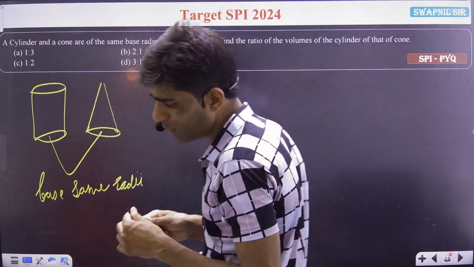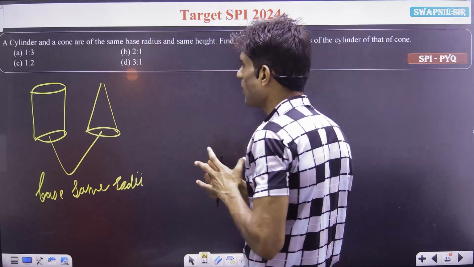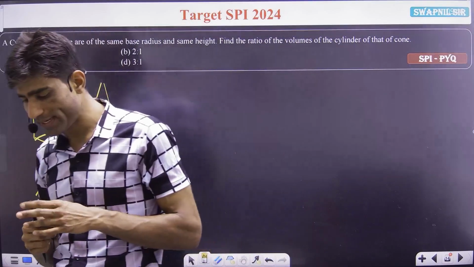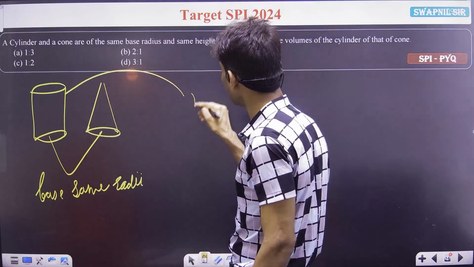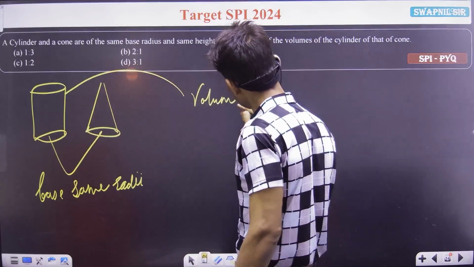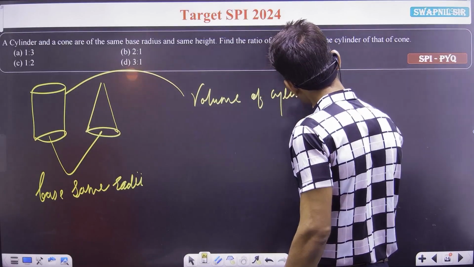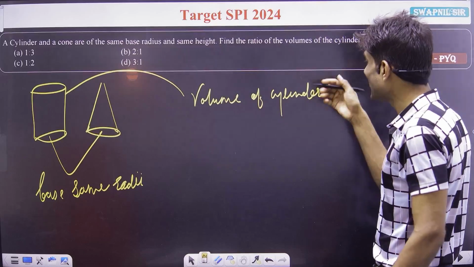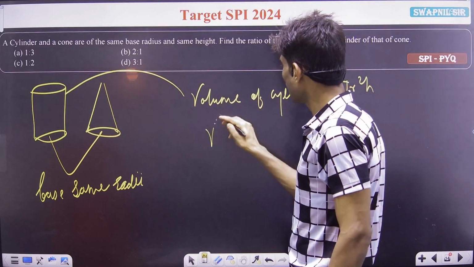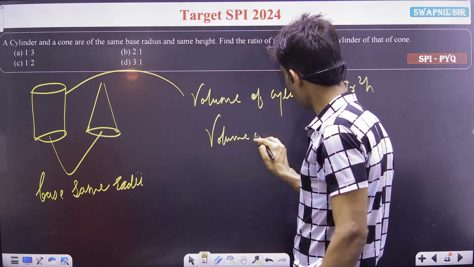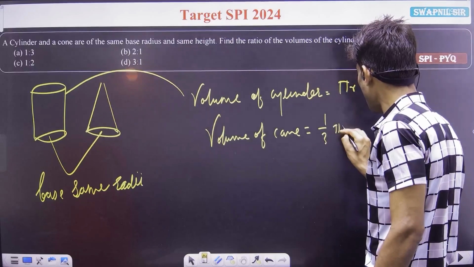Let me write the volume of a cone and the volume of a cylinder, because we need both here. We know that the volume of a cylinder is pi r square h, and the volume of a cone is equal to 1/3 pi r square h.